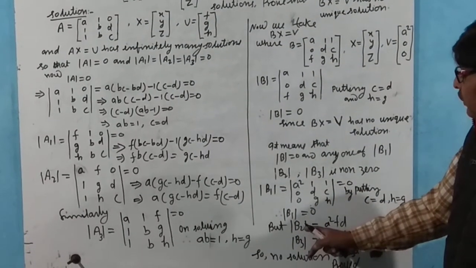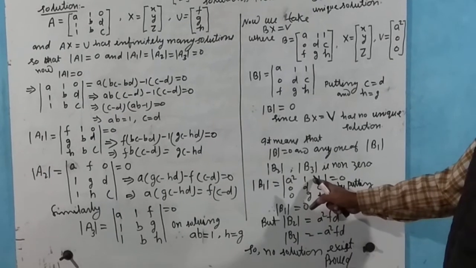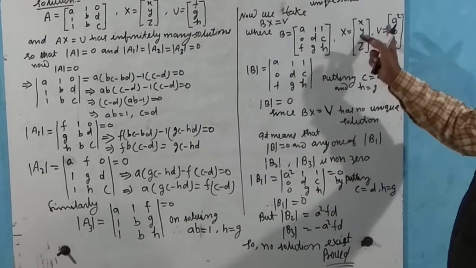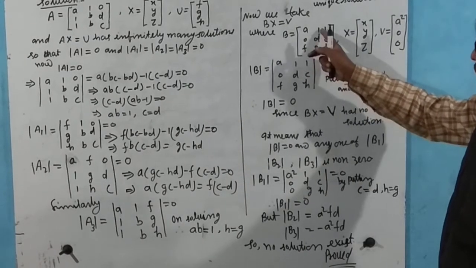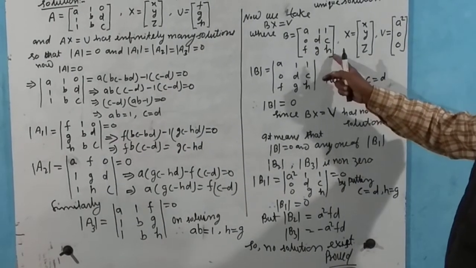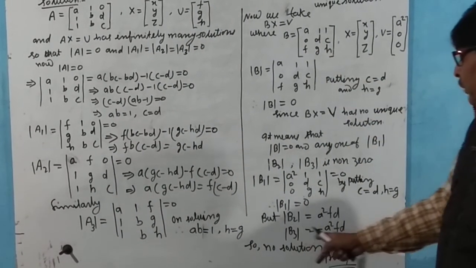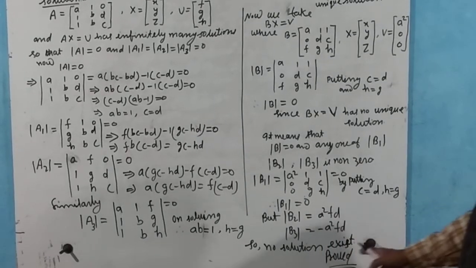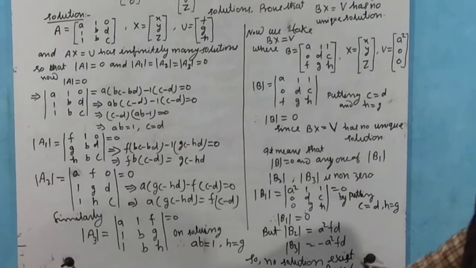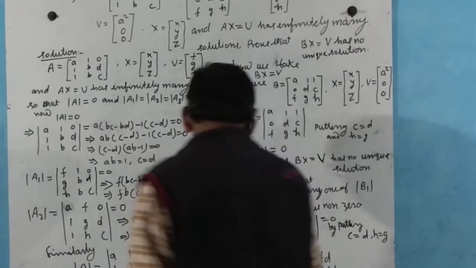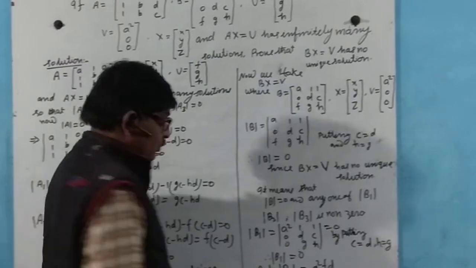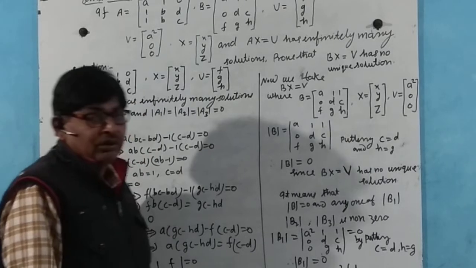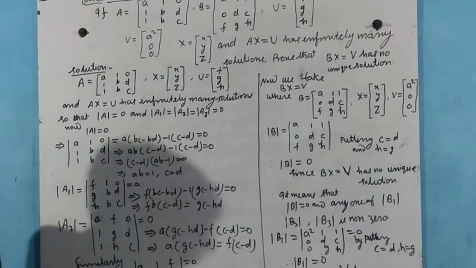After solving in this case, we get the value of B3, so no solution exists in this case. And here we prove that Bx has no unique solution, so our result is proved.